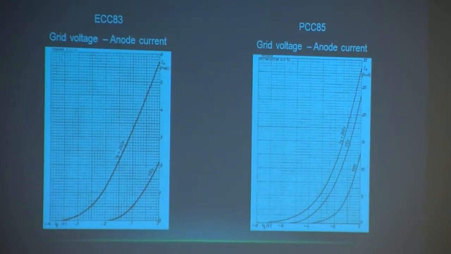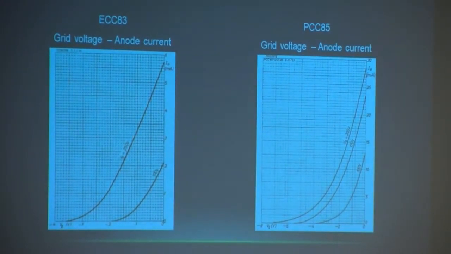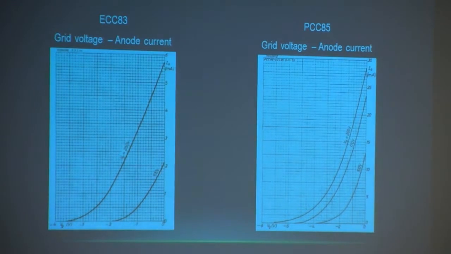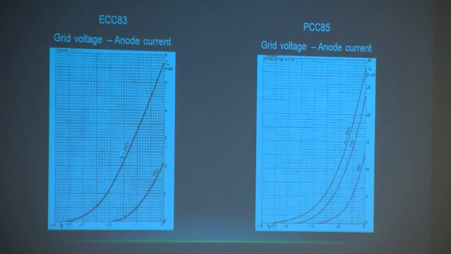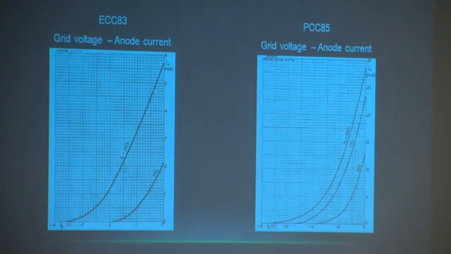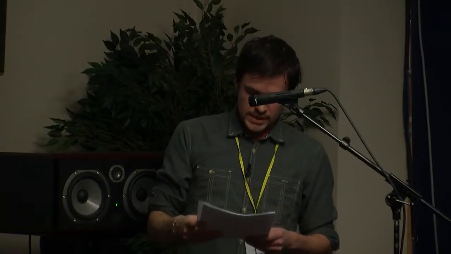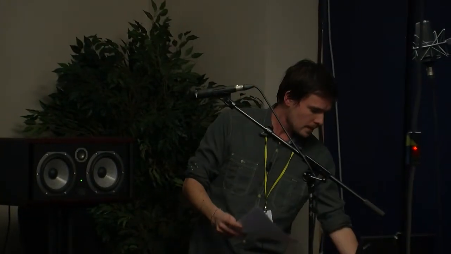Hopefully you can appreciate that at different grid voltages there is a more pronounced swing, and it's quite unfair because the X and Y axis isn't quite the same, but hopefully you can appreciate that. So essentially by changing the voltage at the grid we can vary the amplification of the first stage, or we can vary the compression.